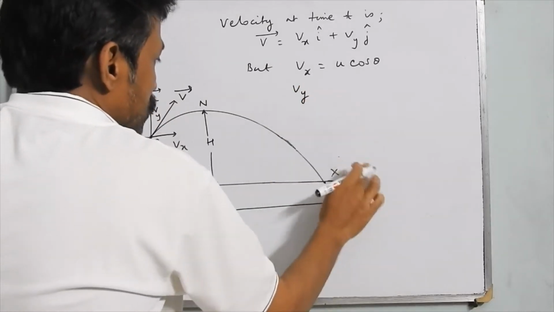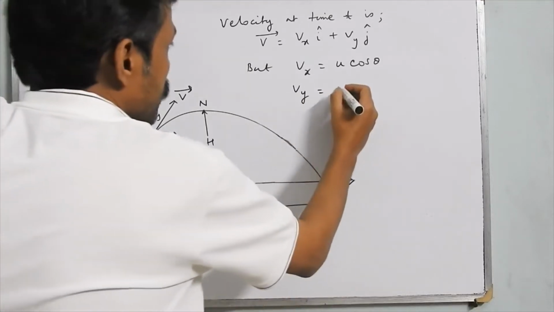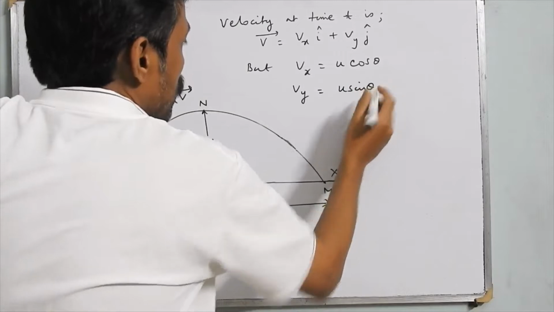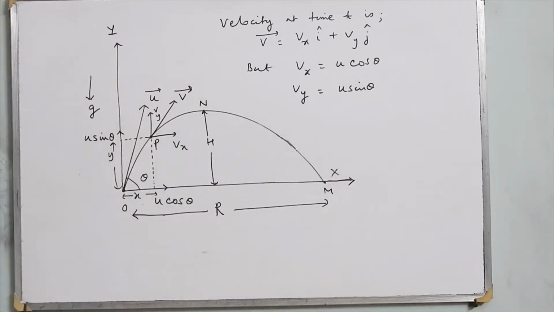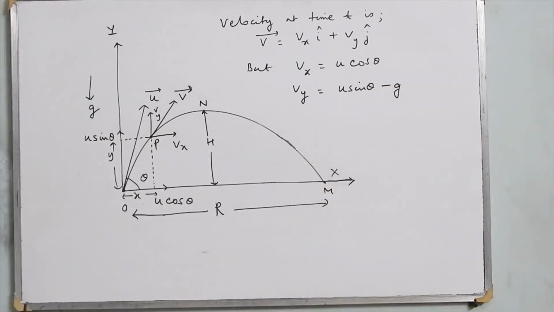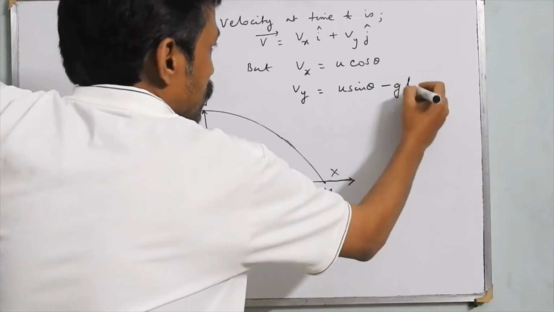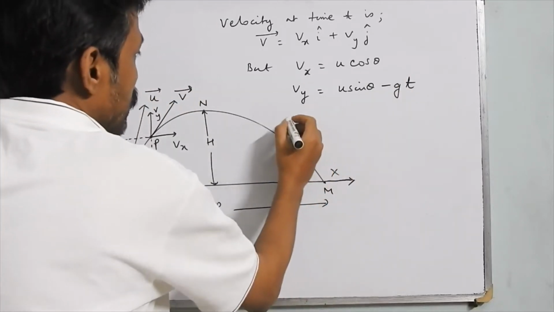That means it is a retarded motion. So Vy equal to u sin theta, and from V equal to u plus at, we are trying to analyze this. For vertically upward motion, g has to be taken as negative. So from V equal to u plus at, I can write it.